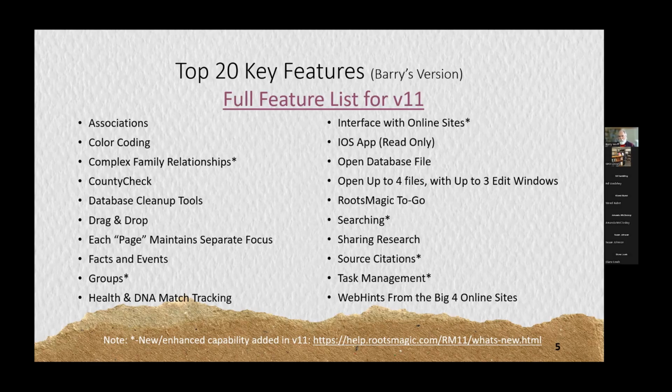RootsMagic contains a lot of tools to help clean up and maintain your database file. There are tools to check and clean up the internal SQLite database itself, plus a variety of tools to help alert you to potential problems to review, like a child born before a parent's birth or after a parent's death.